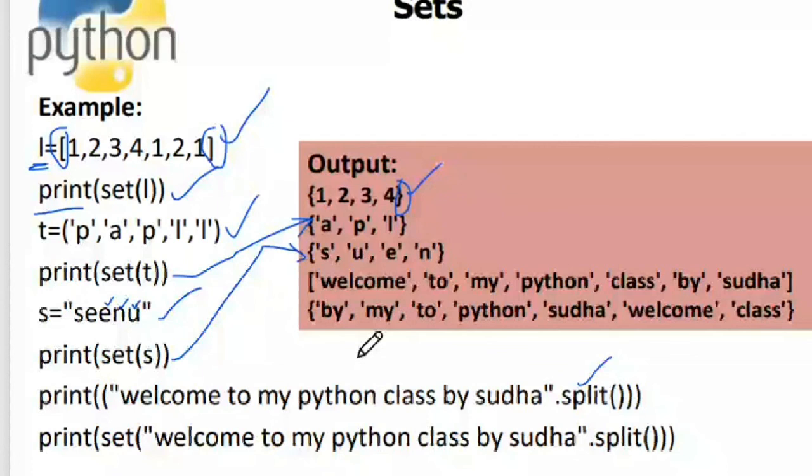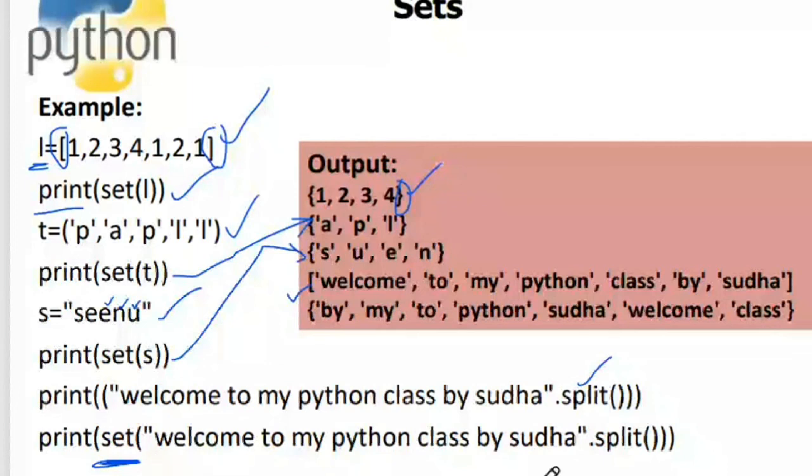I can simply use explicit casting over here. So I said set. When I use set, this particular split returning a list over here will be converted into a set, and you can see that it converted it into a set, and the order in which the words are split is in unordered format. So they are not in the same format as they appeared in the list.